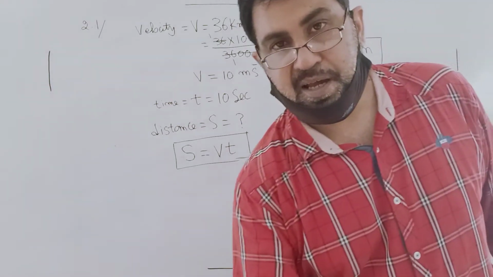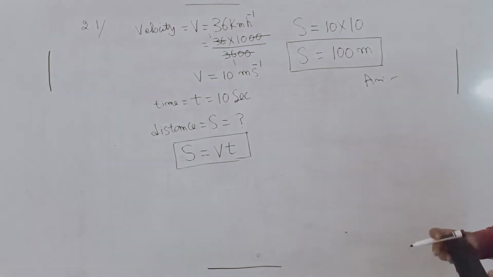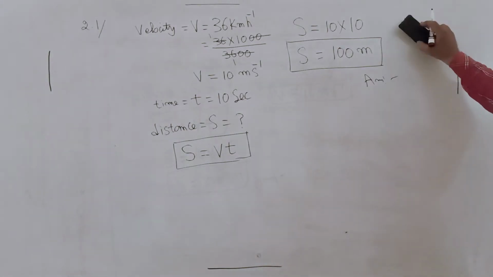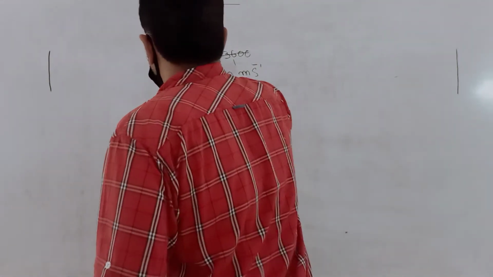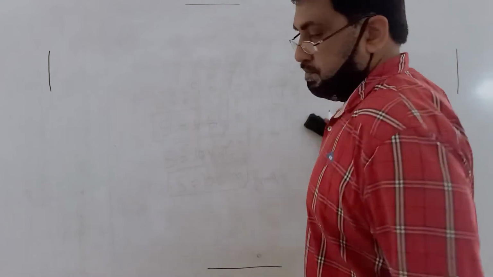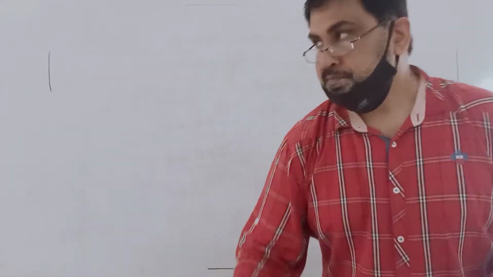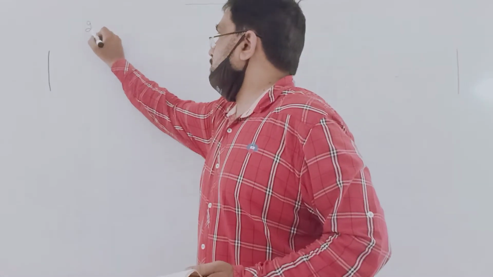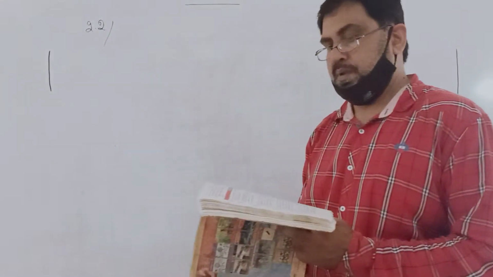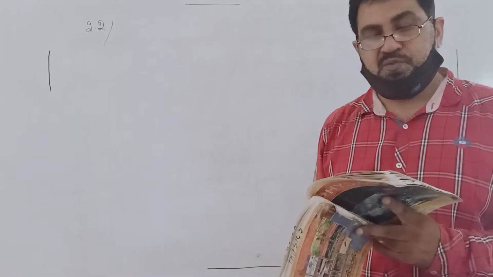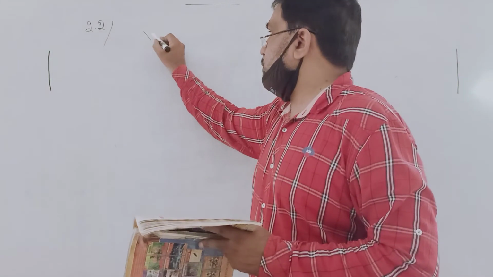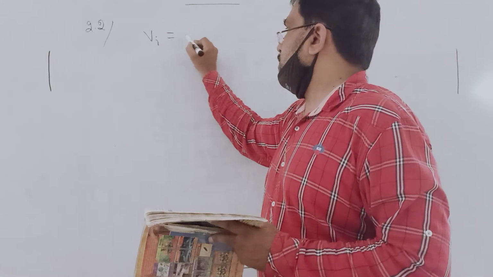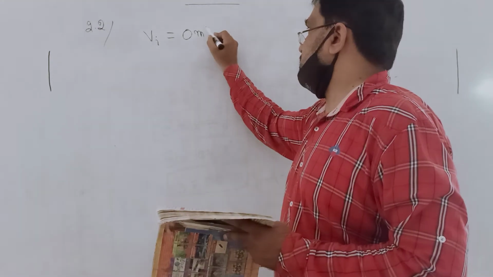Okay, students. Numerical number 2. Second numerical. A train starts from rest. Initial velocity is equal to 0 meter per second.